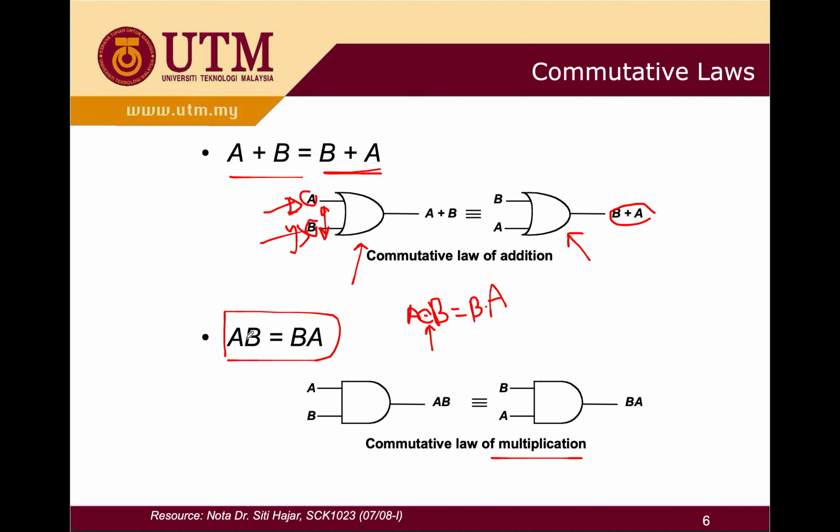So I like to put the dot over here, so it's clear for me to understand, because sometimes there is also a question where you will have ab like this, so it looks like a single input. So that's why it's very good for you to put the dot over there.